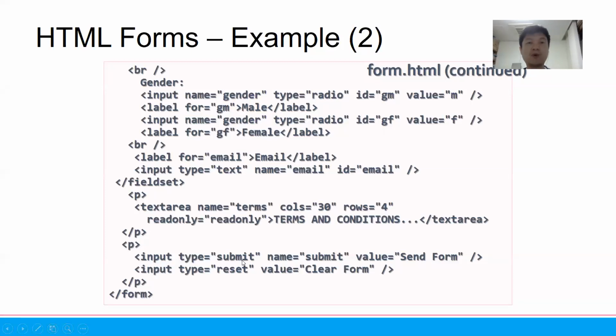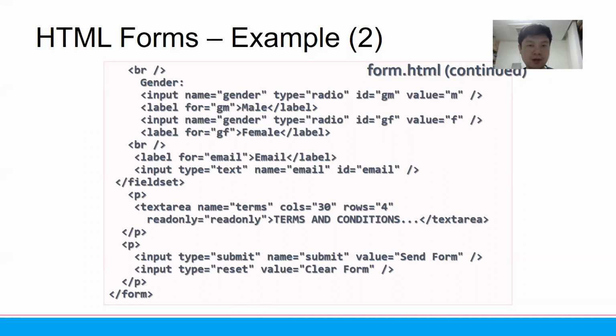Submit means once you are okay with a form, then you can go to another page. You can execute another statement. Because it is not a server, I cannot show you the example. We will learn more about this submit. And reset means I want to clear the form. So I want to change all the contents back to the original value.